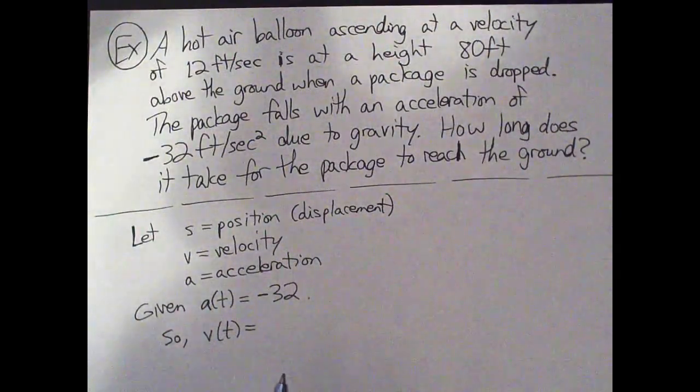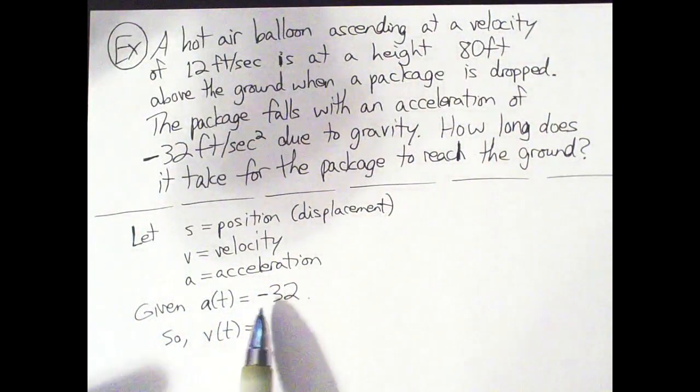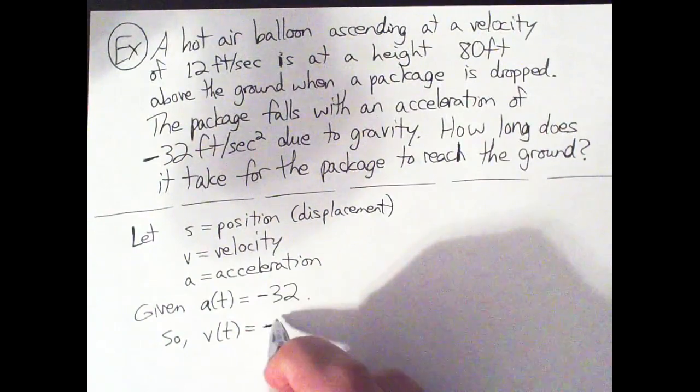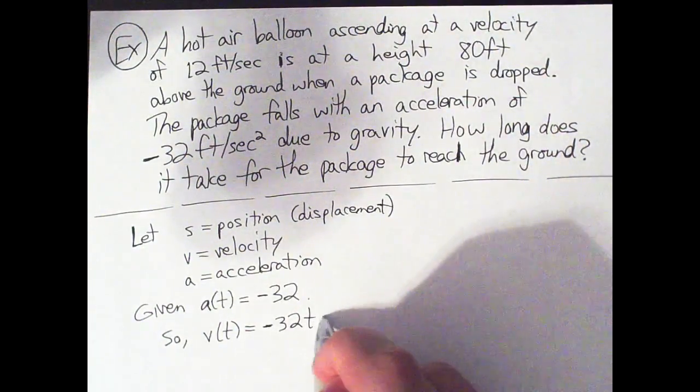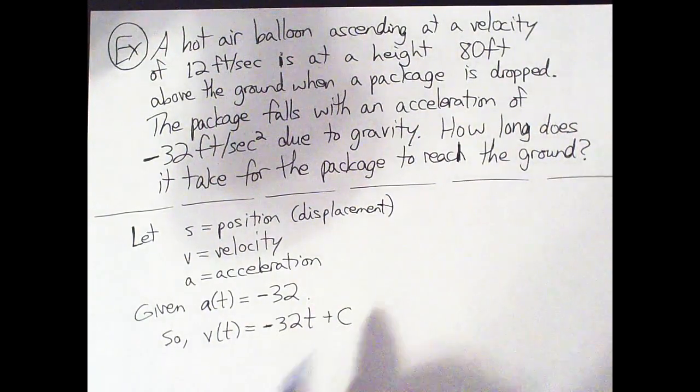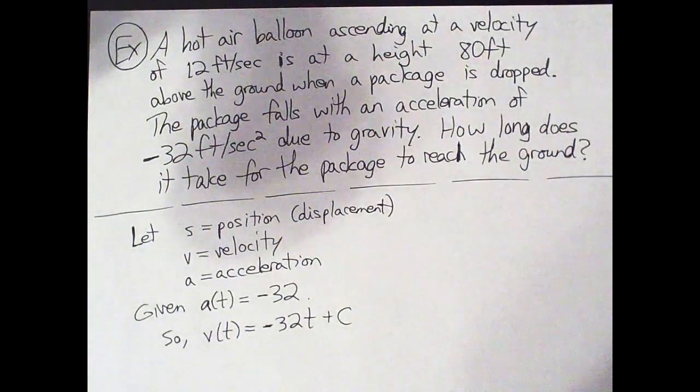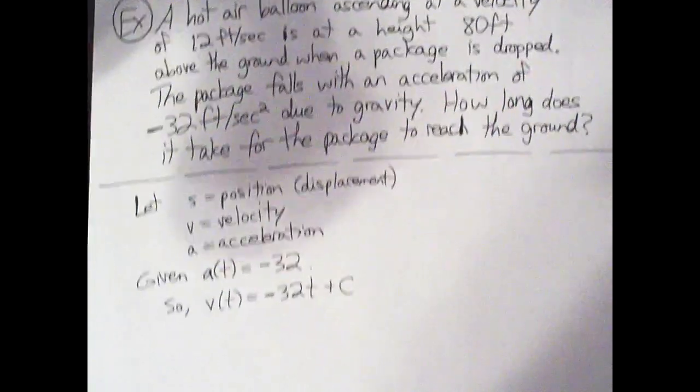So if I want to think about negative 32, an antiderivative of it would be negative 32t. And I'll put the plus c here because this could be plus any constant. You could check this: find the derivative of this, and it equals negative 32.